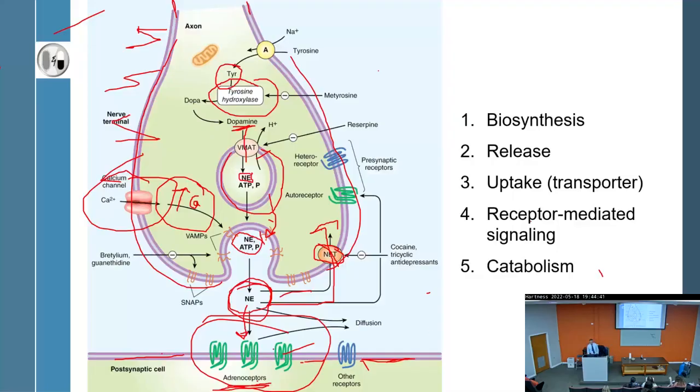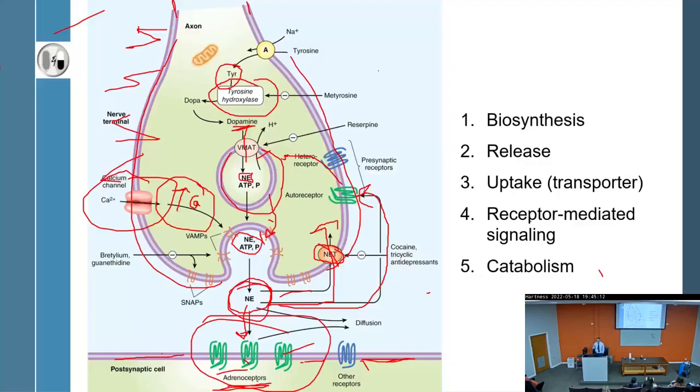Or the other possibility is that the neurotransmitter released here will act on receptors in the presynaptic membrane. Usually those are adrenal receptors. There is a particular family of adrenal receptors that fulfill that function, and those are called autoreceptors in general because they are able to regulate the synthesis, the production of catecholamines. So like a negative feedback.